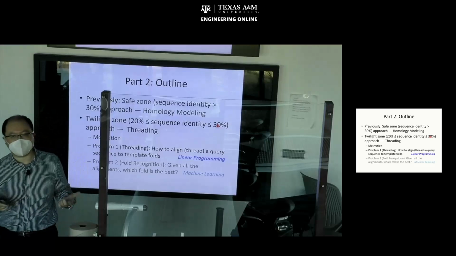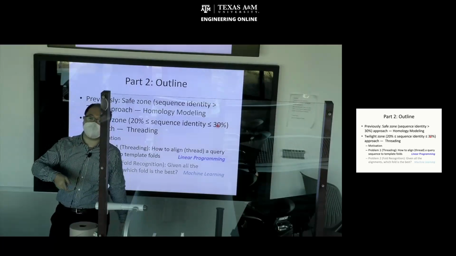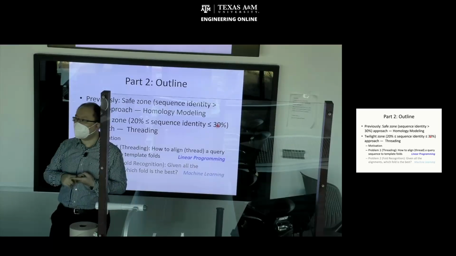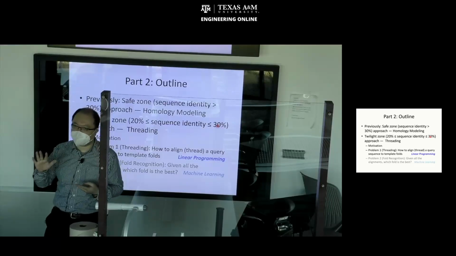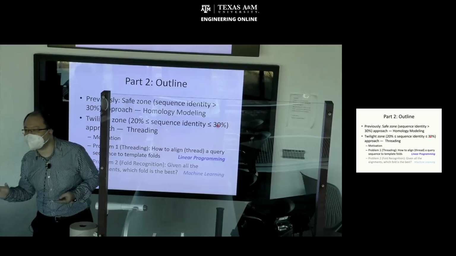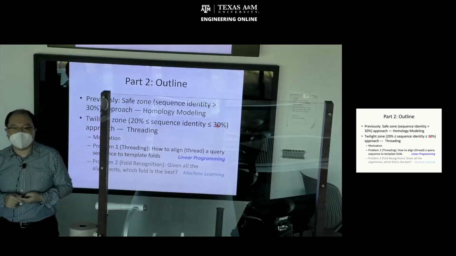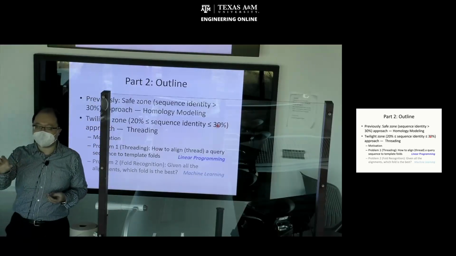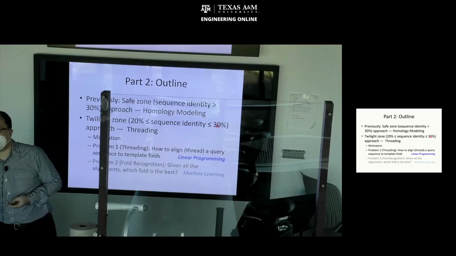So you have a query sequence, right? And you have a sequence database of potential candidates for the template, right? And then once you figure out the template, you're going to use the structure of that identified template, right?